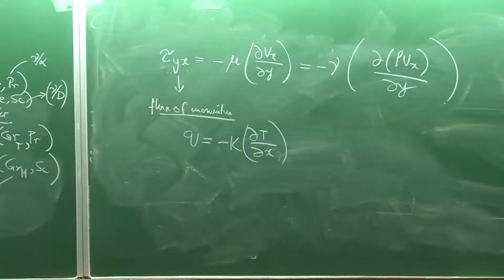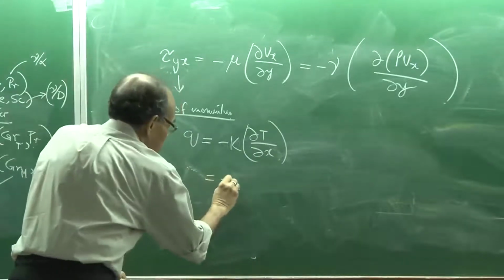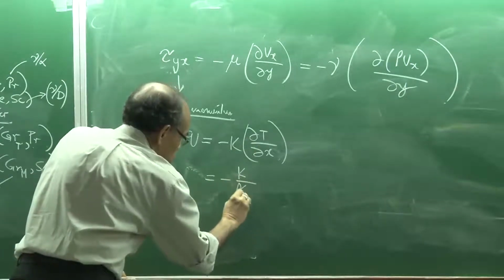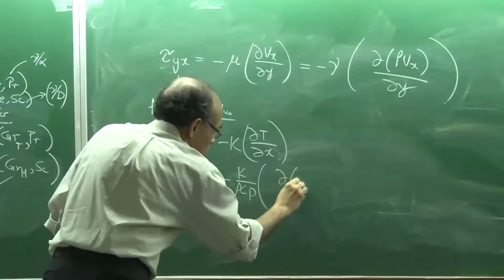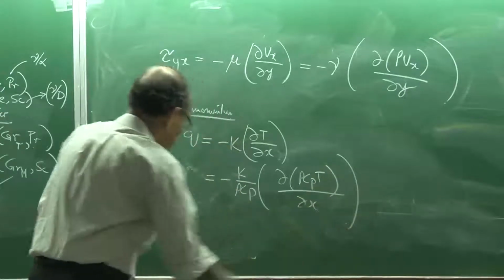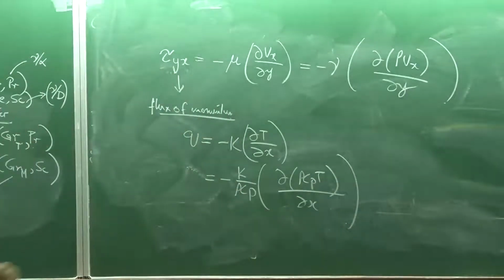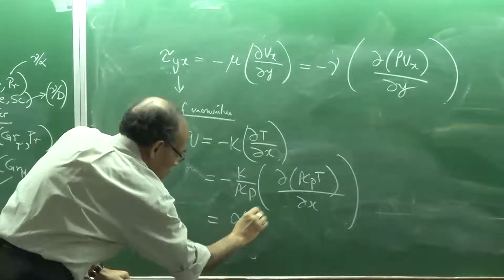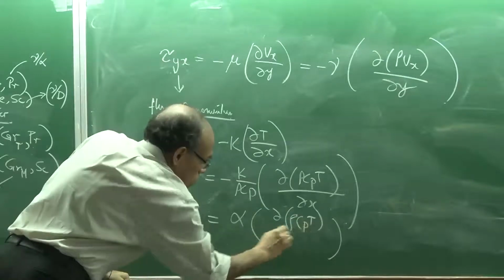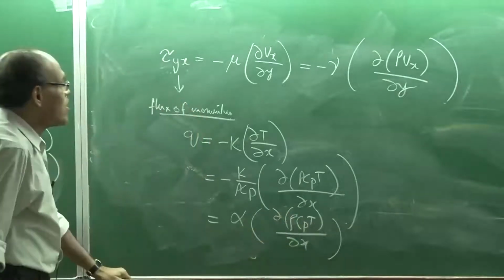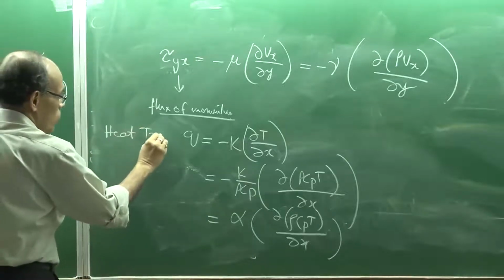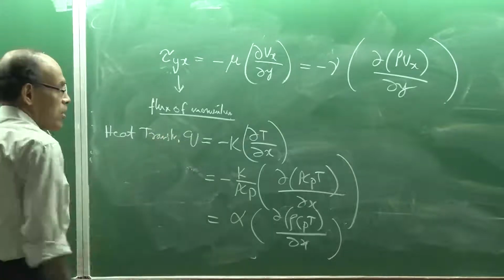So we can also say that, if you consider rho Cp to be constant, this is nothing but my alpha into the same thing. And this is heat transfer, where Q is the flux.